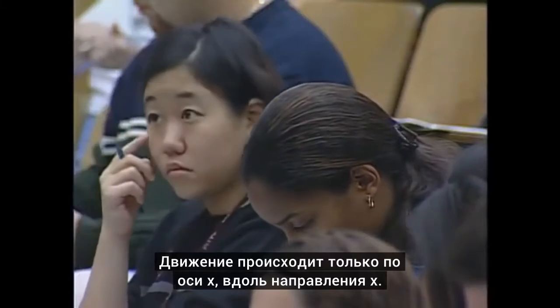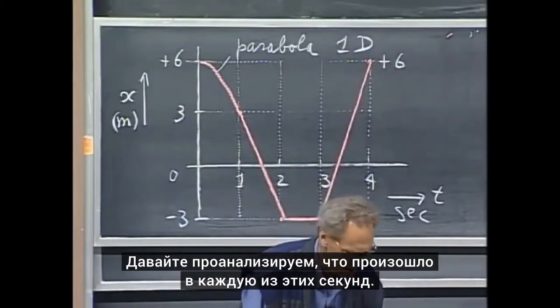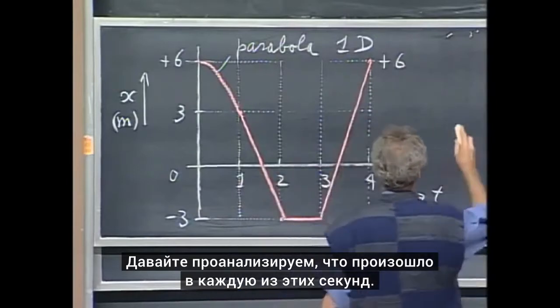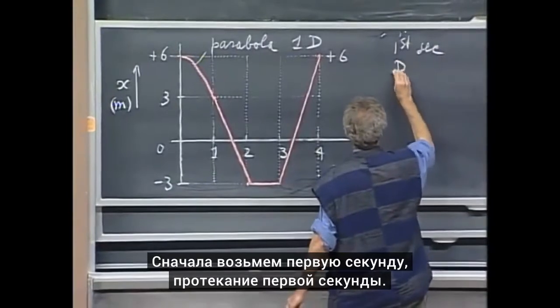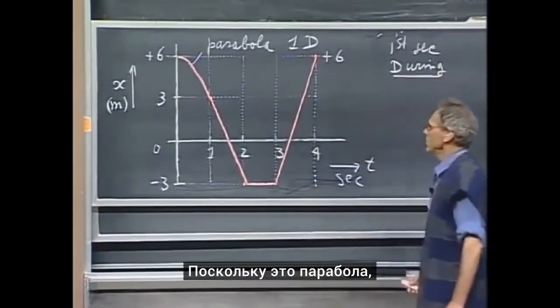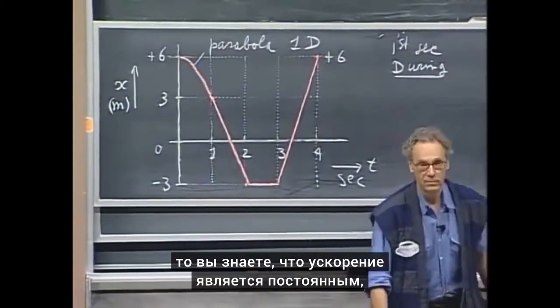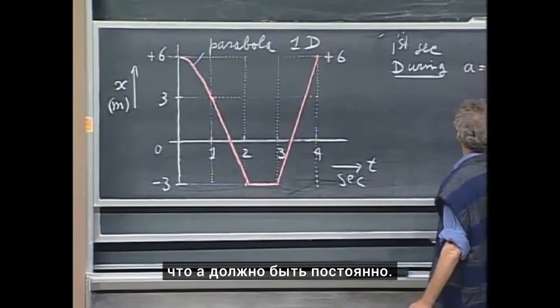It's a one-dimensional problem. The motion is only in the x-axis, along the x direction. Let's analyze all these different seconds that occur. Let's first take the first second. During the first second, since this is a parabola, you know that the acceleration is constant. So I hope you will conclude immediately that a must be a constant.